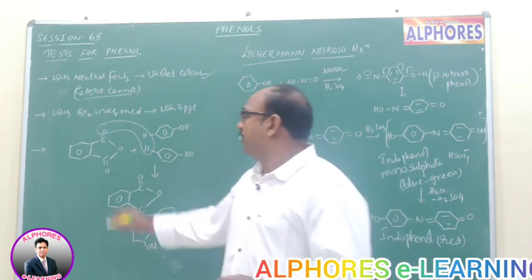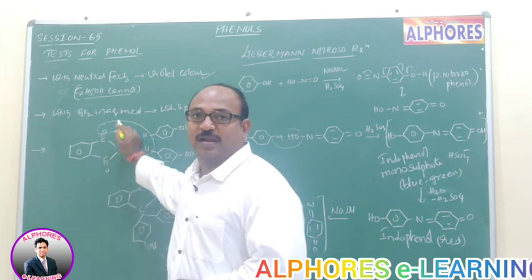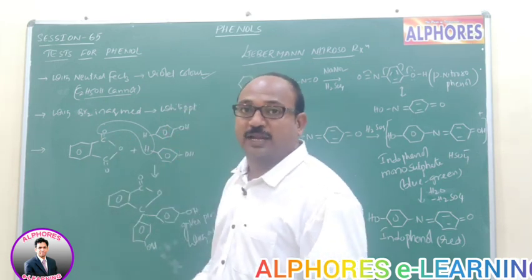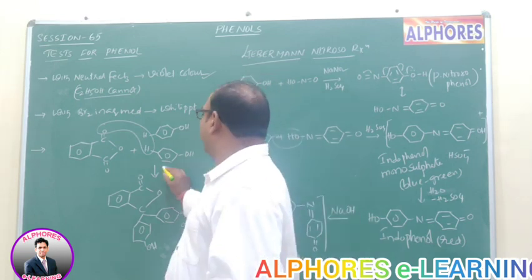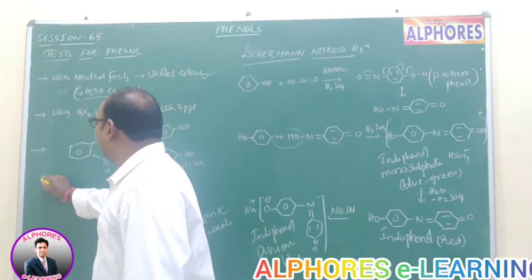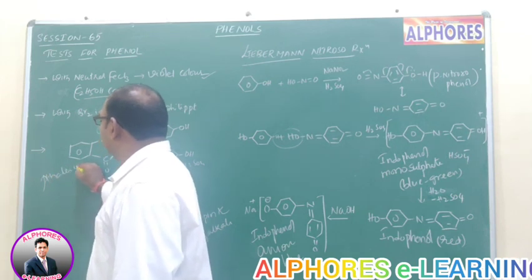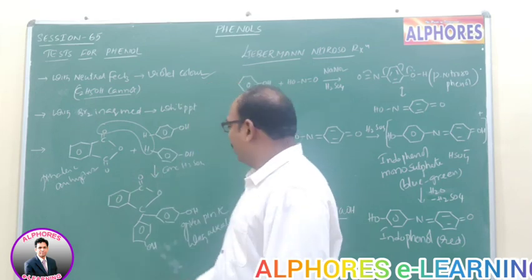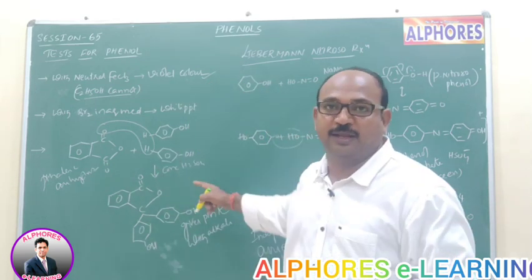Similarly, with phthalic anhydride: phthalic anhydride undergoes condensation with phenol in the presence of concentrated H2SO4, and we get phenolphthalein.